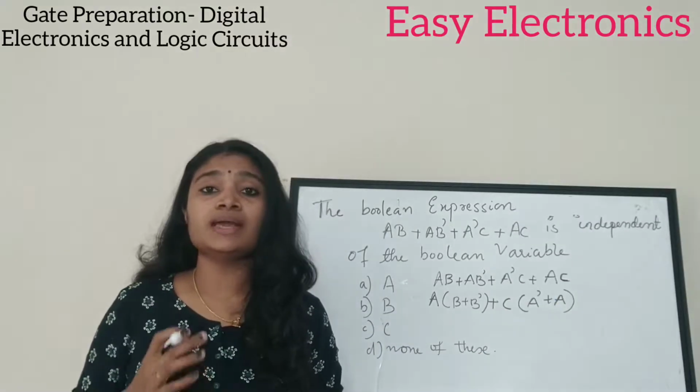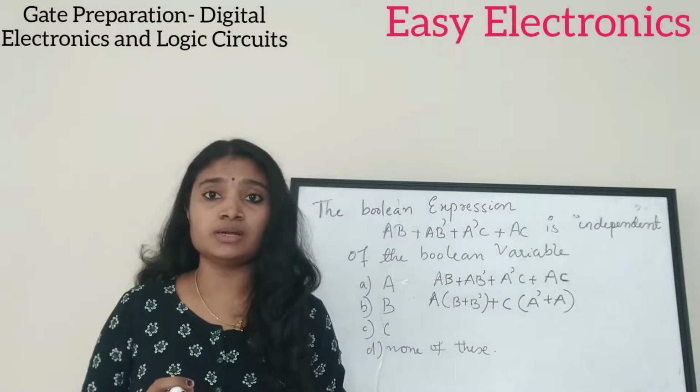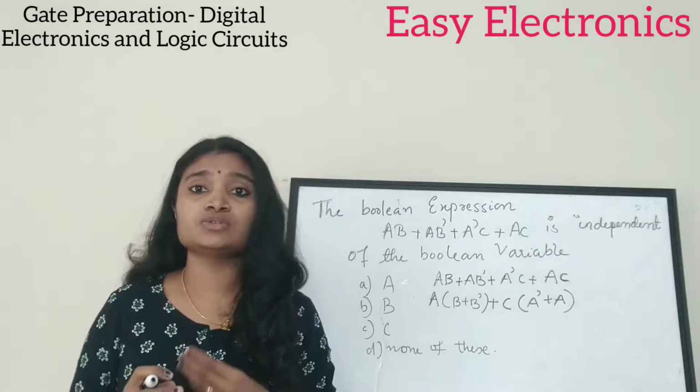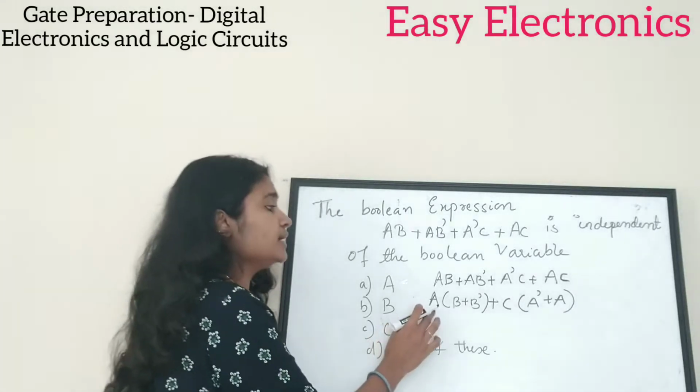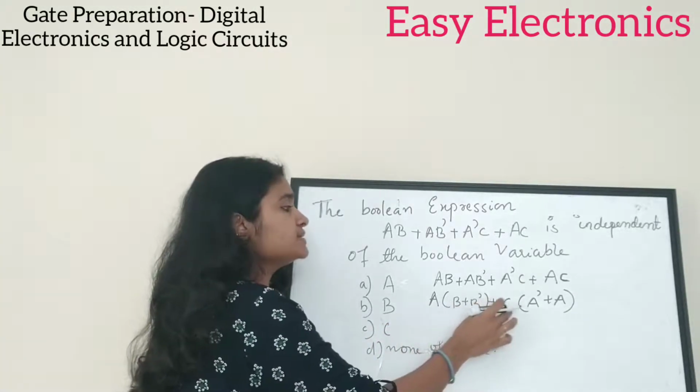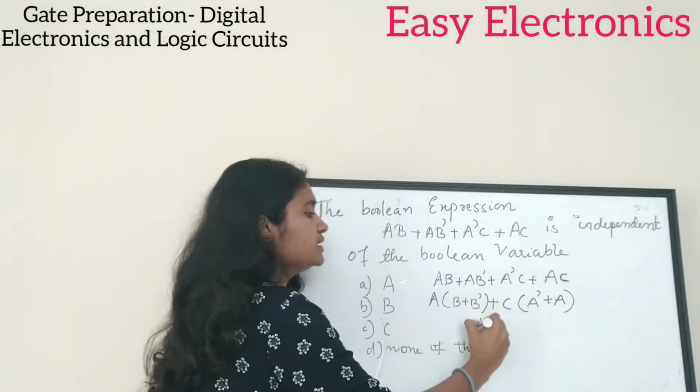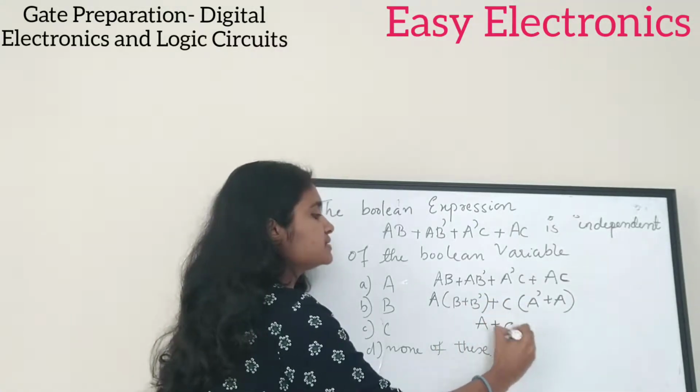So you know A plus A bar equals 1 and B plus B bar equals 1. So here A into 1 plus C into 1. So you can write A plus C.